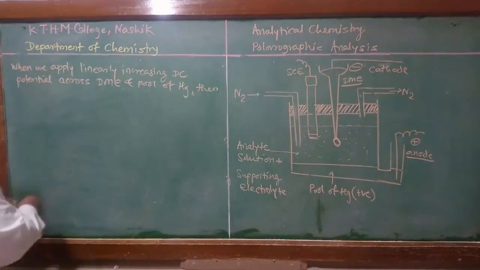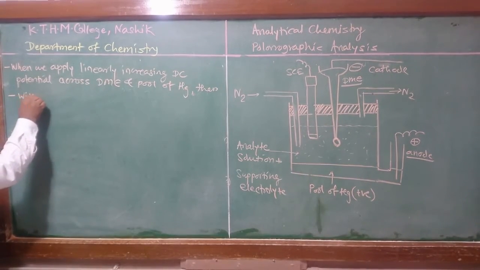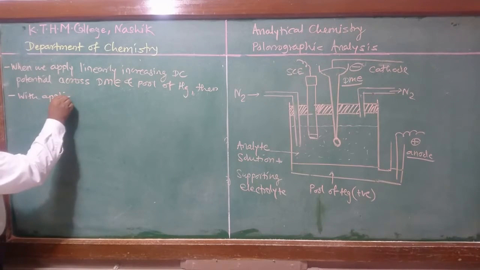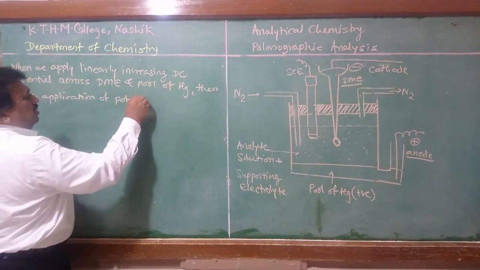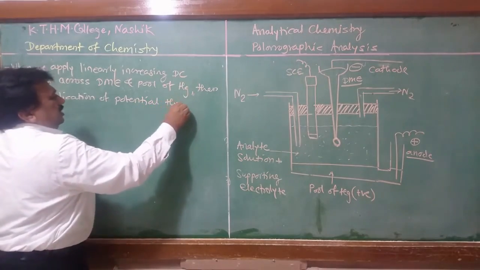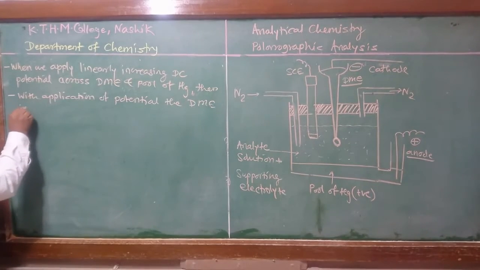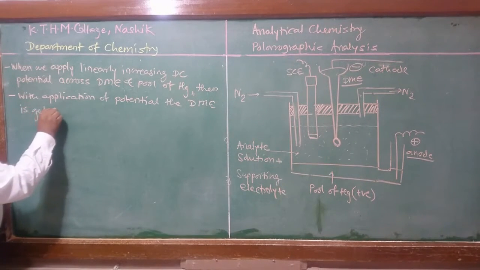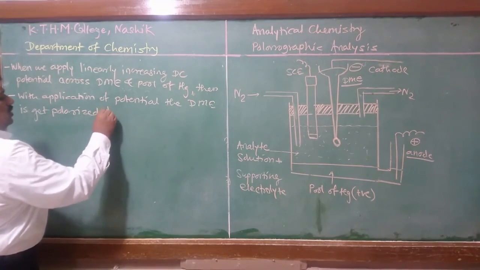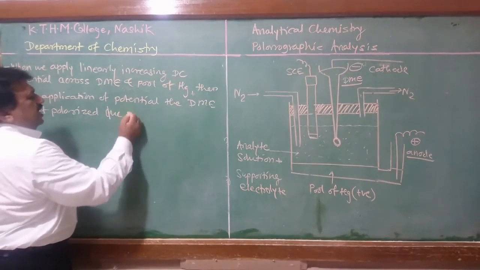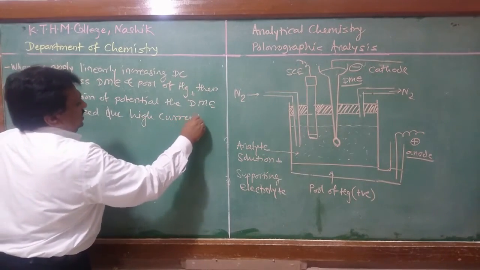Therefore here with application of this potential, the dropping mercury electrode gets polarized due to very high current density.